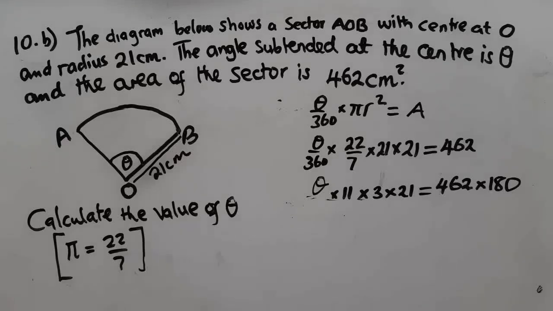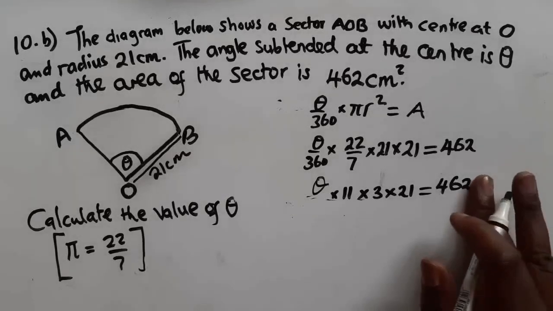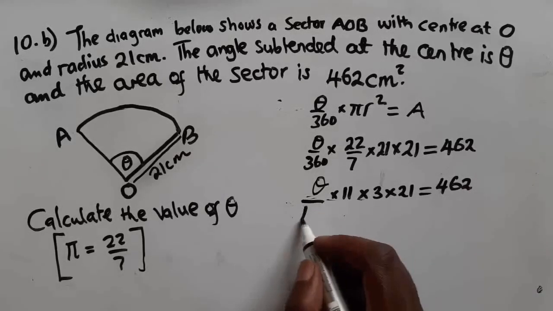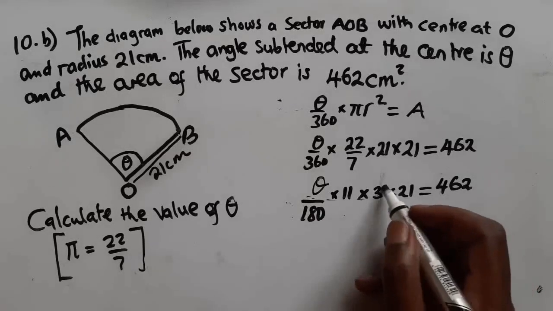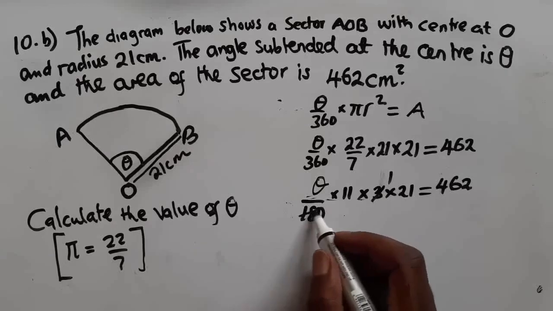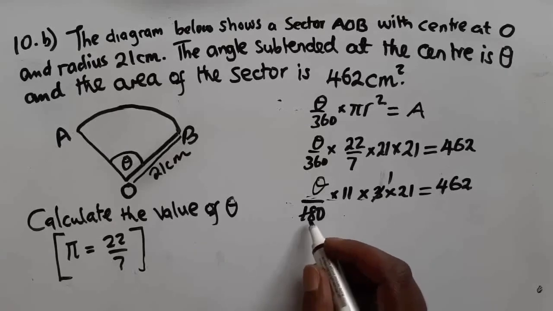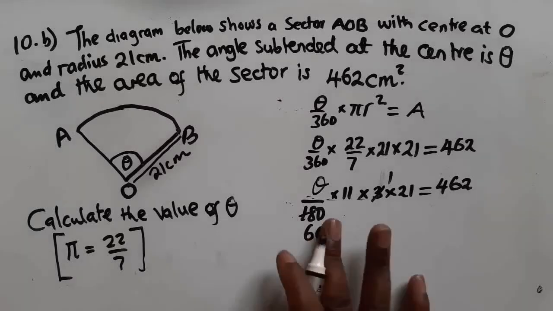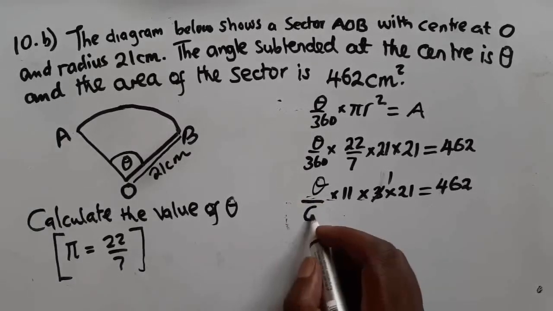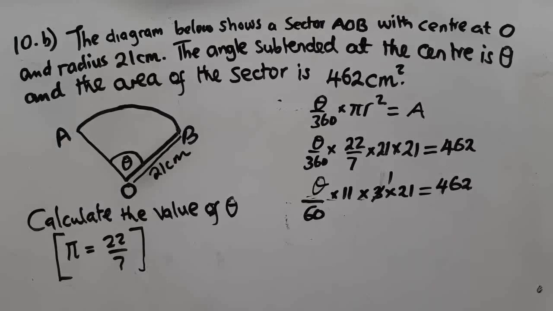Okay? Or maybe if you want, just a minute, when we still had 180 here, we can say 3 here, 3 into 18 is 6, okay? So meaning, here we are remaining with 60.